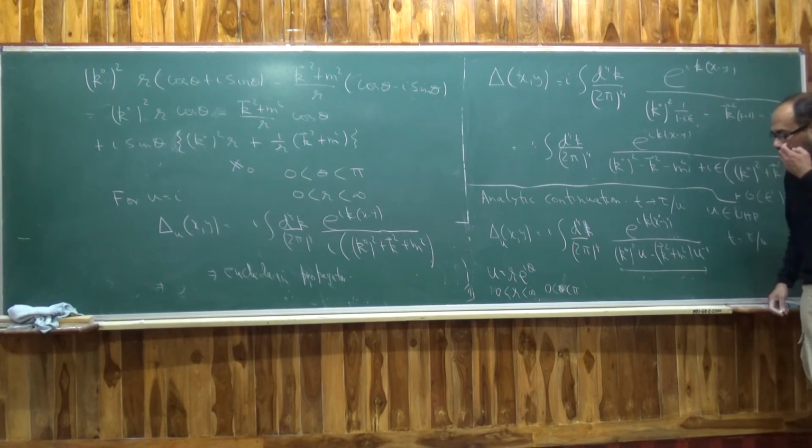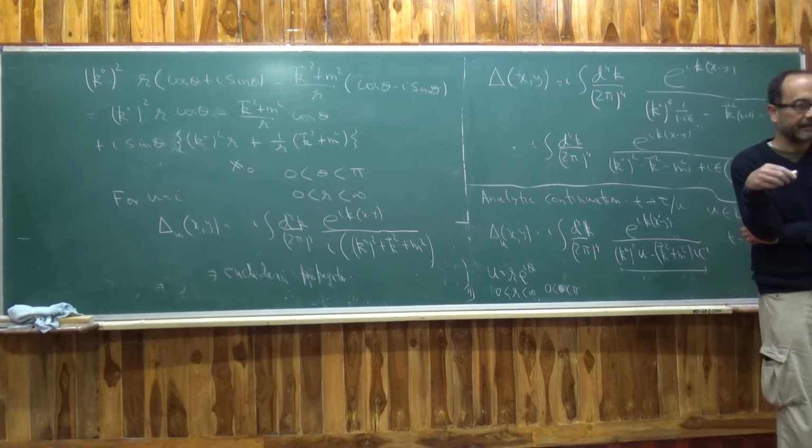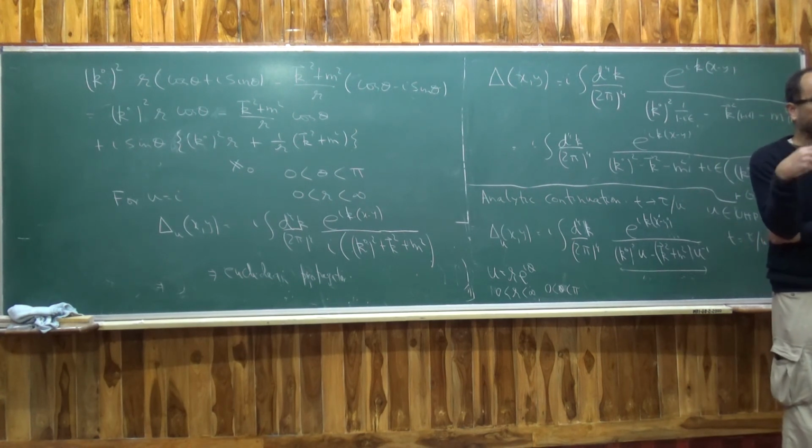Well, that depends on how you think of x0. You have to think of x0 as tau. If you think of x0 as t, you are right. But I am thinking of x0 as tau. Tau is real.